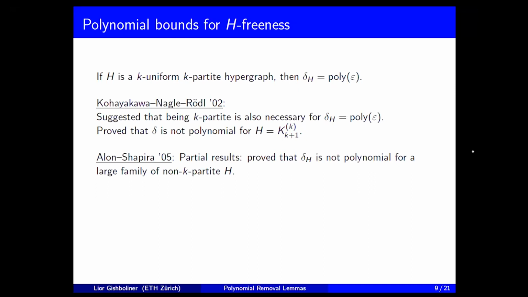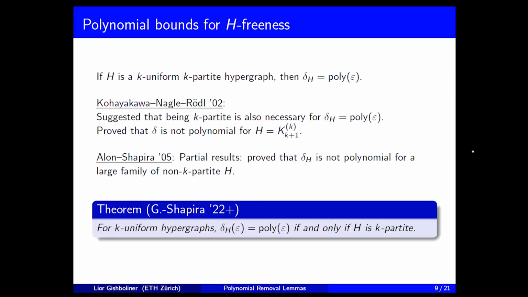So they proved for a large family of hypergraphs H that delta is not polynomial. And finally, with Asaf, recently we managed to solve this problem. So now we can show that this is indeed the answer. So for k-uniform hypergraphs, we have polynomial dependence if and only if H is k-partite. And the plan is to show you the proof of this theorem in the second part of the talk, if there is time.